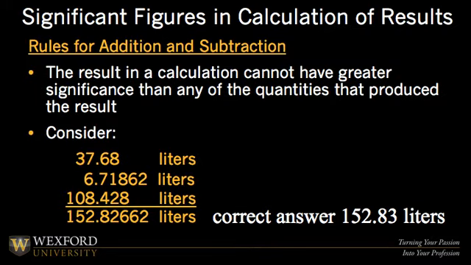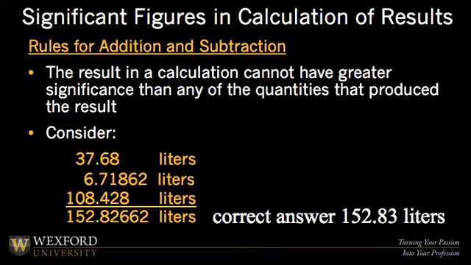Now, looking at significant figures in calculation of results, we first want to look at the rules of addition and subtraction. The result of a calculation cannot have a greater significant figure than any of the quantities that produce that result.